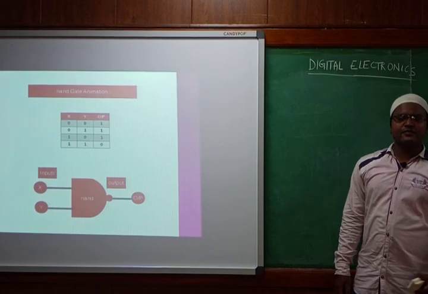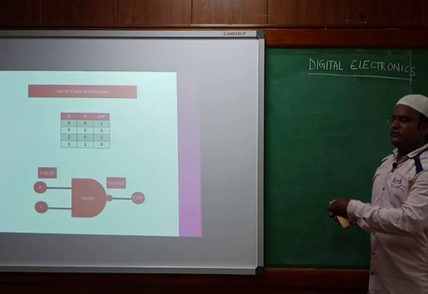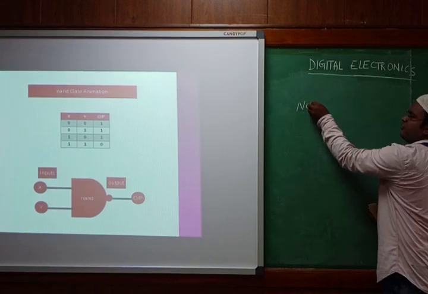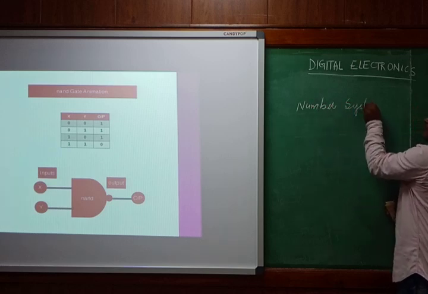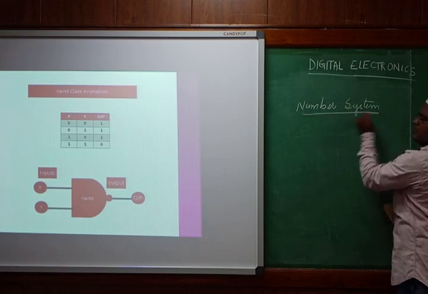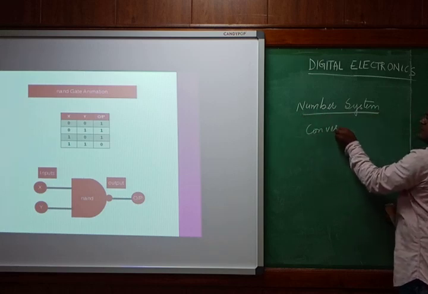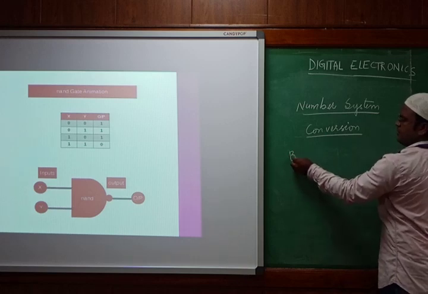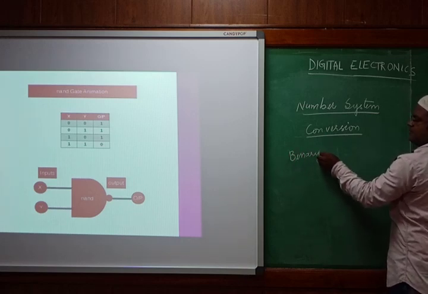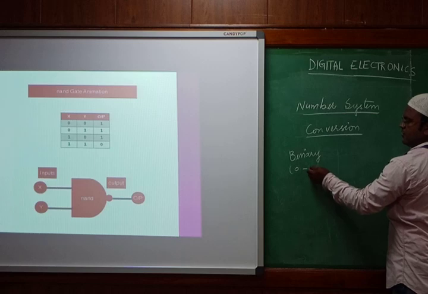In the next class, we are going to see number conversion. The next topic is the number system and its conversion. Conversion in the sense, the first category is the binary number. Binary numbers are 0 and 1.